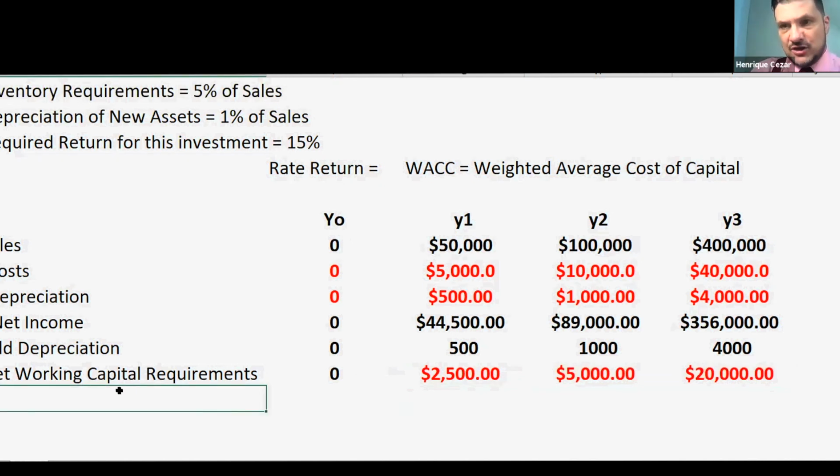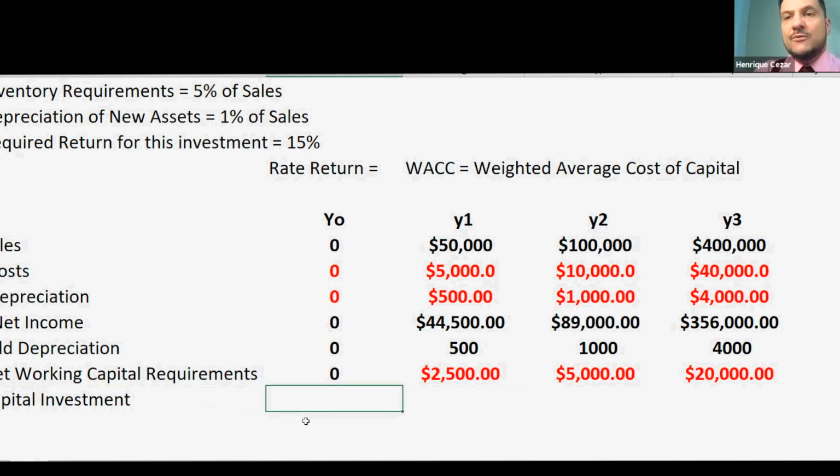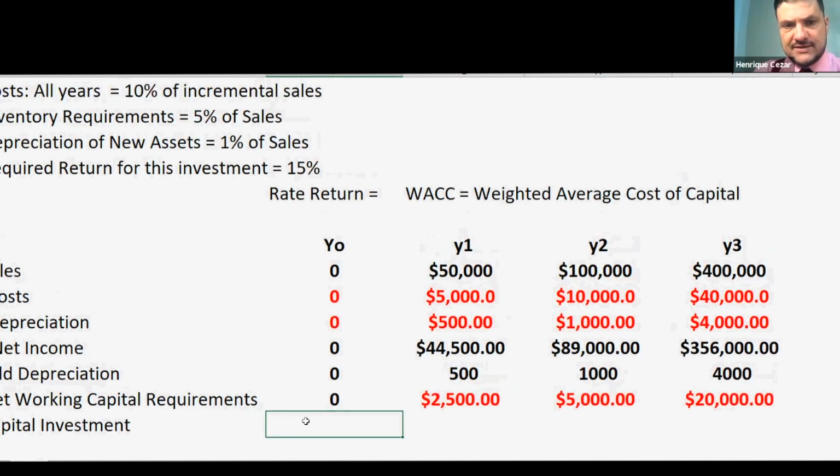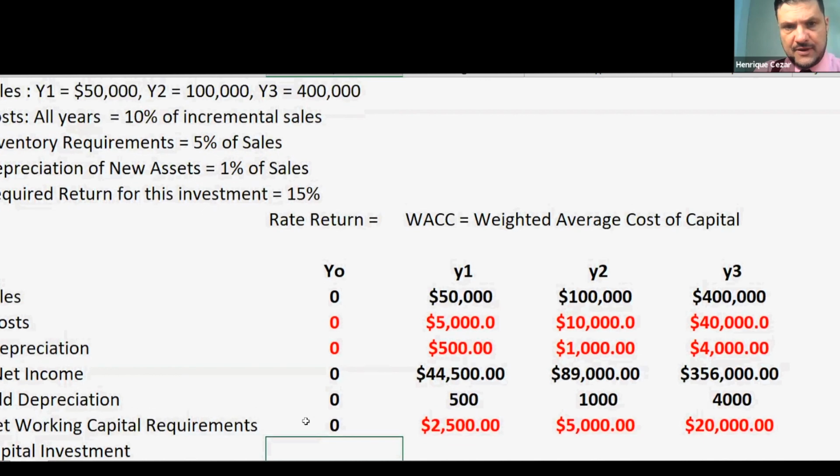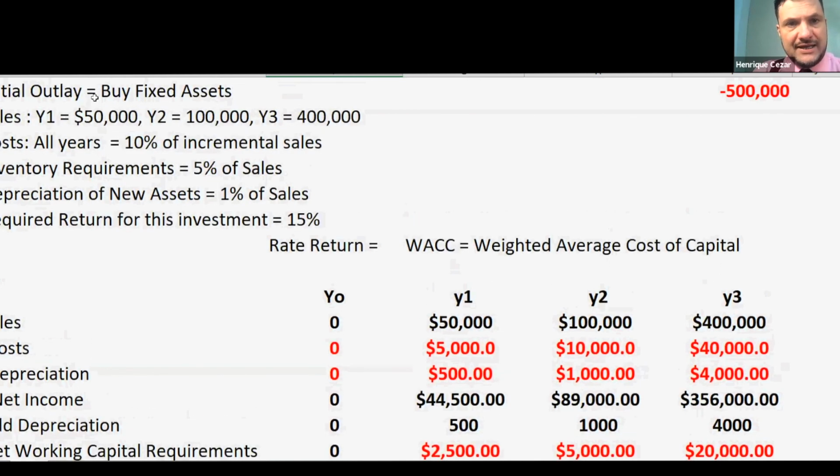And finally, I'm almost done here. The capital investment, to make it simple. Capital investments are equipment, machines or fixed assets purchased to have this project. Be careful here, because a lot of students miss that number. The capital investment is your outlay, how much you need to buy fixed assets.